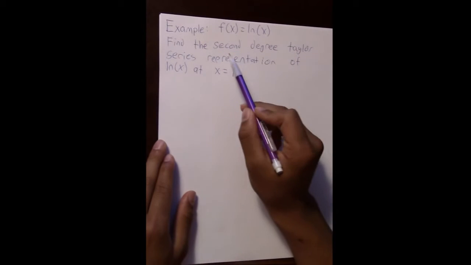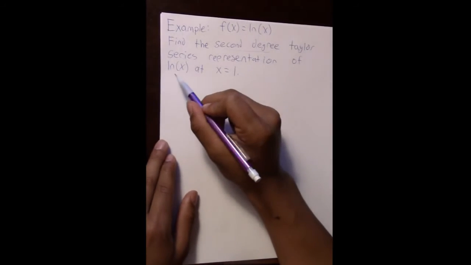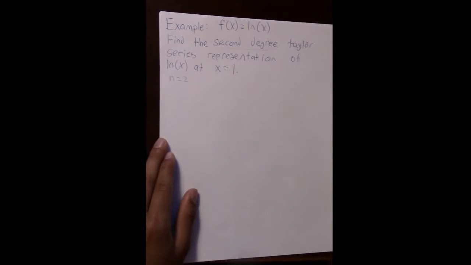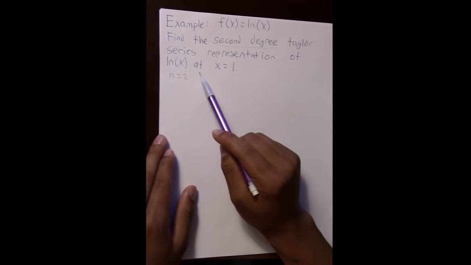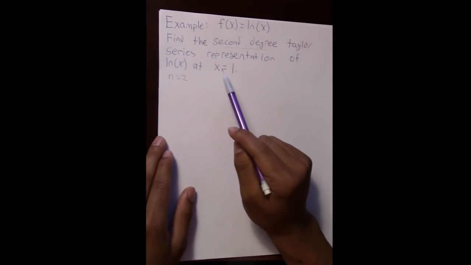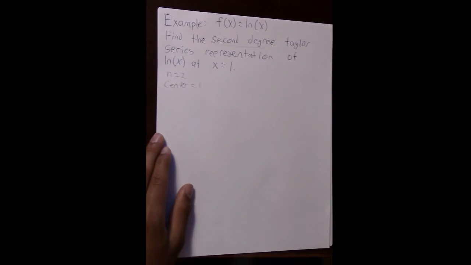First, the question says second degree, which means we'll find the Taylor series up to n equals 2. Second, it asks us to find the representation at x equals 1, which means our center is equal to 1.